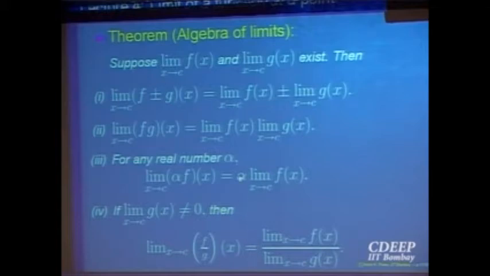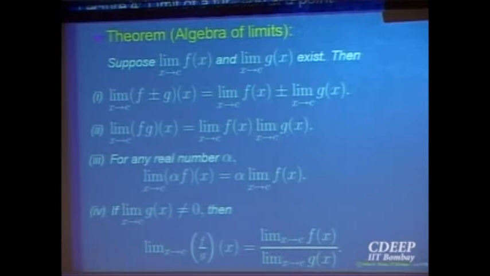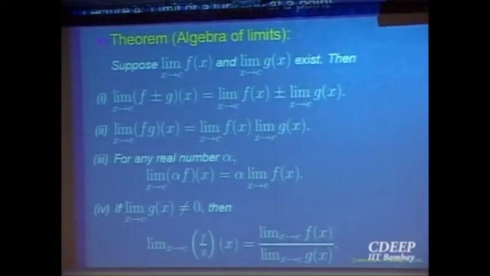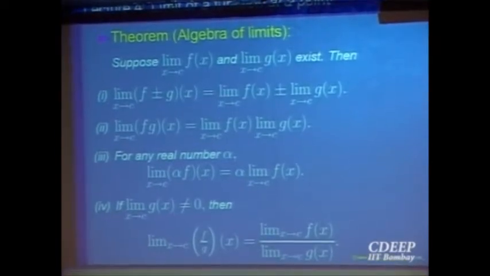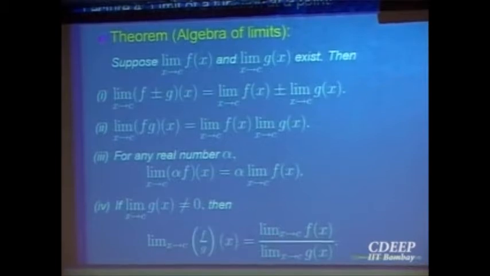So the same results which are true for sequences hold here, and the proofs are just one-line proofs for each one of them. Look at a sequence Cn converging to c. Look at whatever function you want to analyze, f plus g, f minus g, f into g, or f over g.